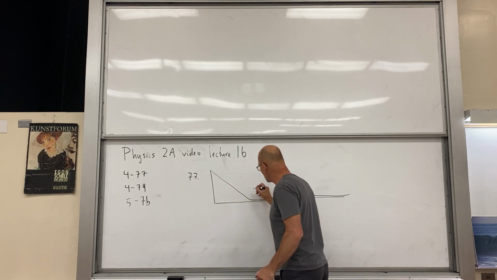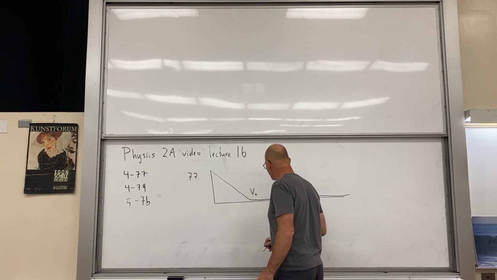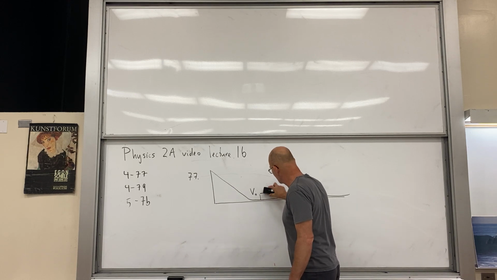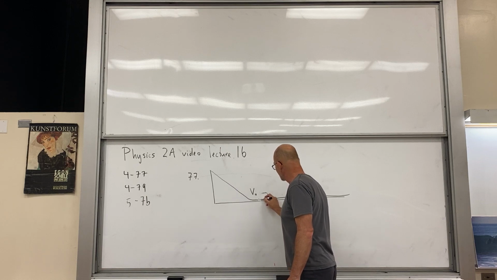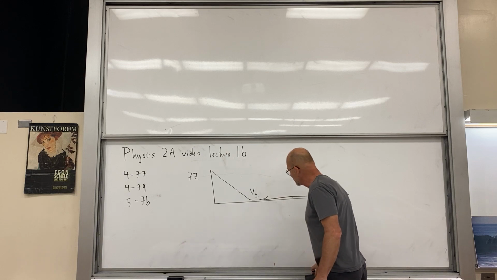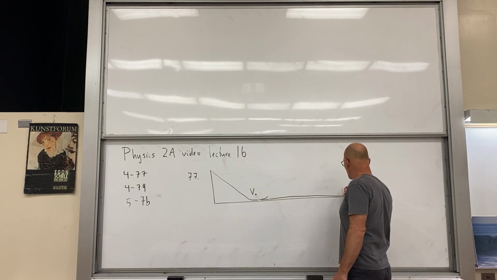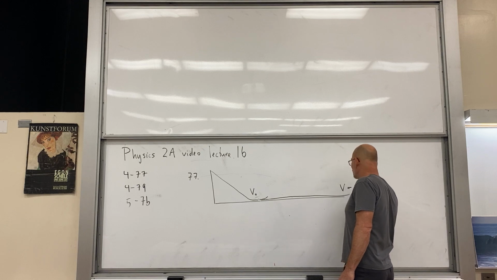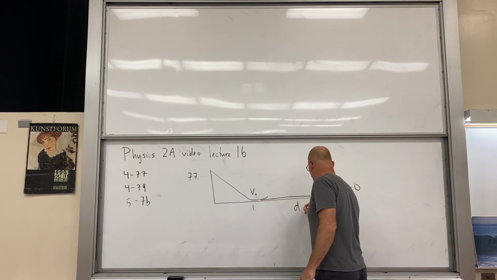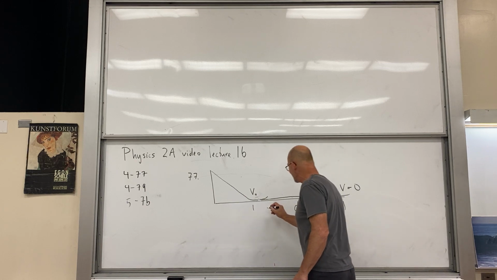I'm not going to plug any numbers in, but we have V naught here as we're zipping along. Just draw this. We have V sub 0, and then when we come to a stop, we have V equals 0, and we've traversed a distance d.